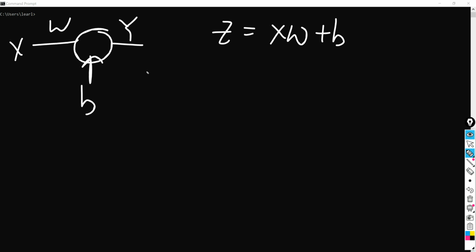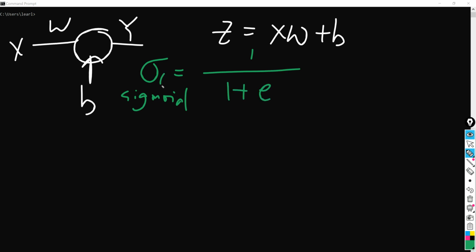Here, unlike last time, we will have a function. There are two really popular functions, and I believe in simulated annealing the function is called the sigmoid function. It is 1 divided by 1 plus e to the minus n. The graph is like this.